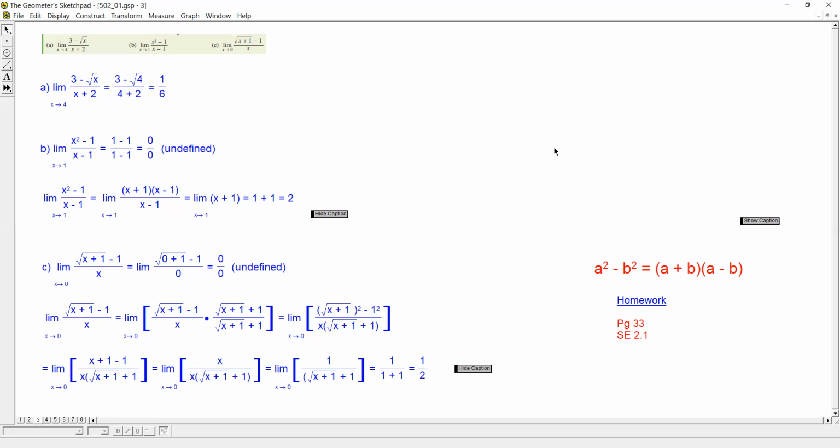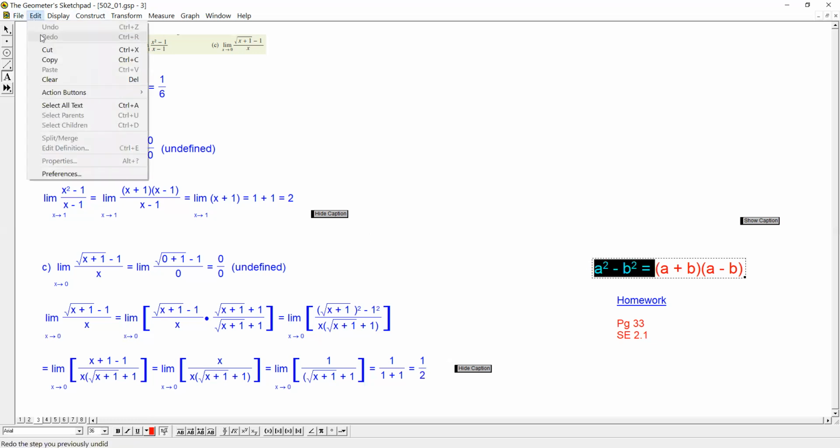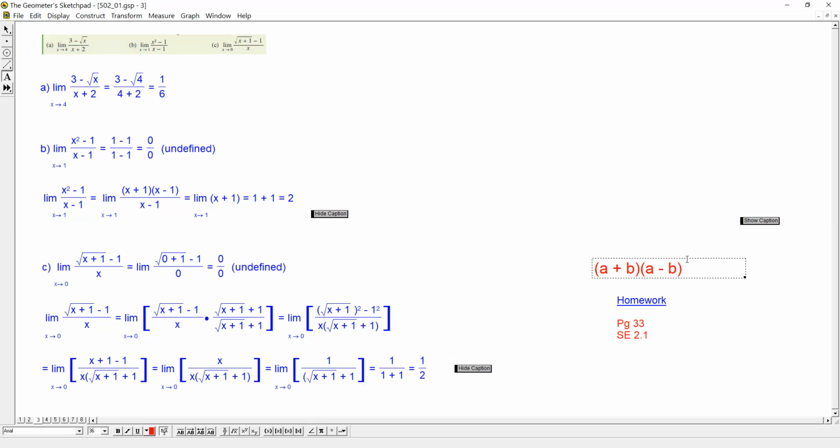Repeat, repeat. So we are going to look at this identity.